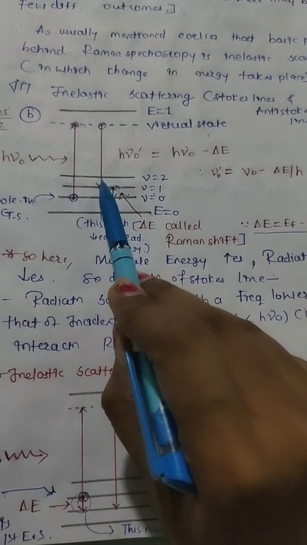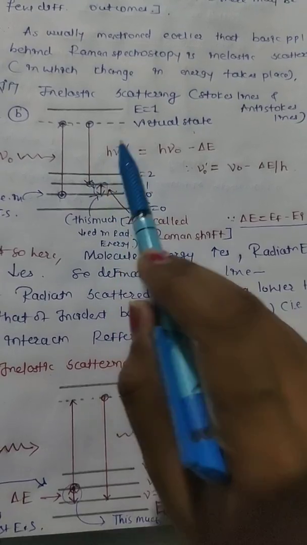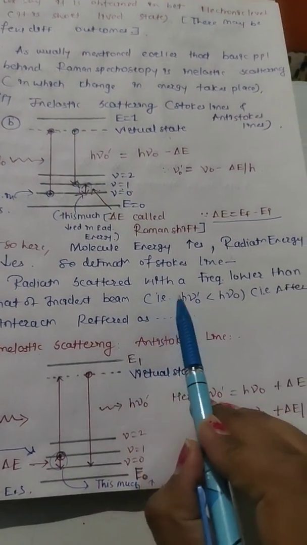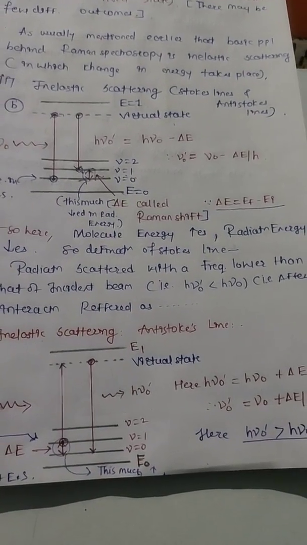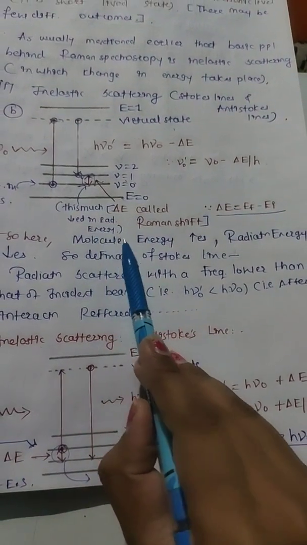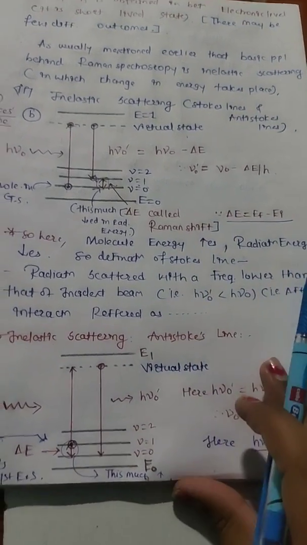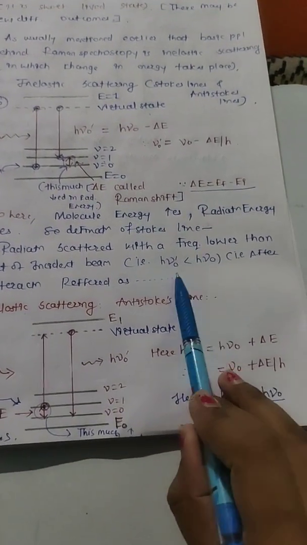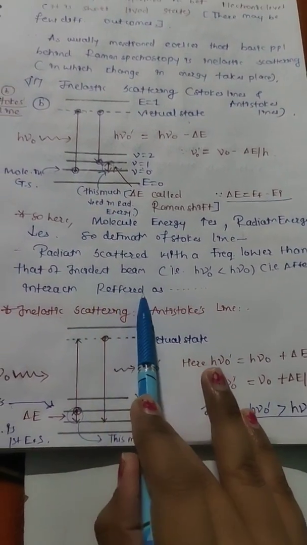So some energy is spent. The scattered photon has less energy than your incident photon, and that spent energy is gained by your molecule, so the molecular energy increases. This case happens after the interaction with the molecule, and it is referred to as the Stokes line.